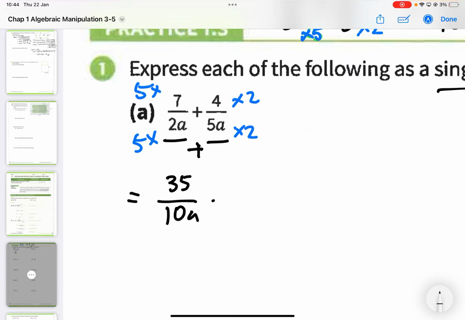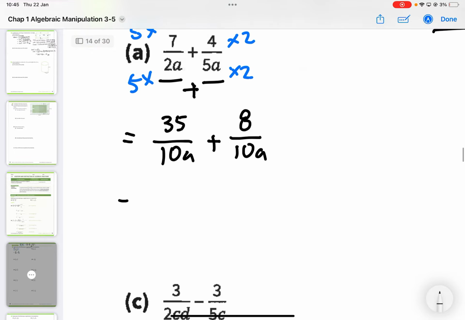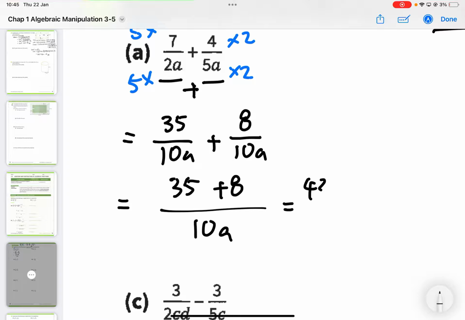Then I have my 8 over 10A. Then write them into one fraction. The denominator is the same. Then I add the two numerators. Then I get my answer. So actually it's no difference from your primary school one.